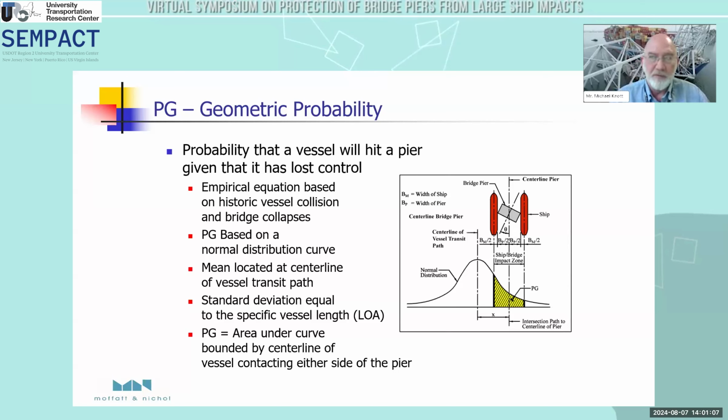The geometric probability is, if the vessel is aberrant and out of control, where might it hit? And this is not, in my opinion, something you get from AIS. AIS shows where the vessels are that are behaving properly and navigating through the navigation channel. In 10,000 transits through a bridge, it shows where they went.